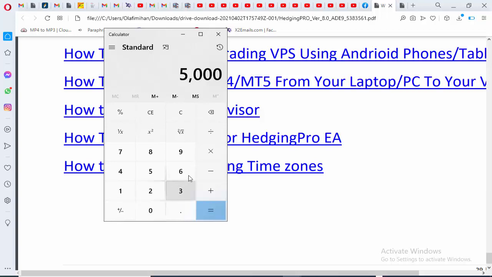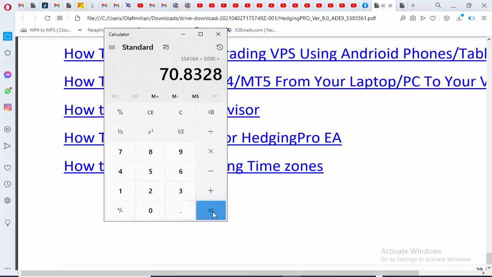My return is 3,541. So 3,541 multiplied by 100, then divided by how much we expose, which is $5,000.